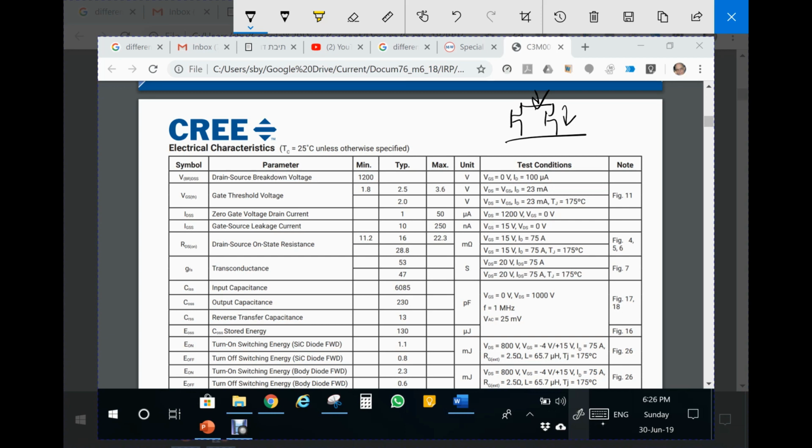Now, if it conducts, then it'll heat up, RDS on will go up, so it'll tend to balance the current between these two. I should say that the increase in RDS on of the silicon carbide is less than for silicon.